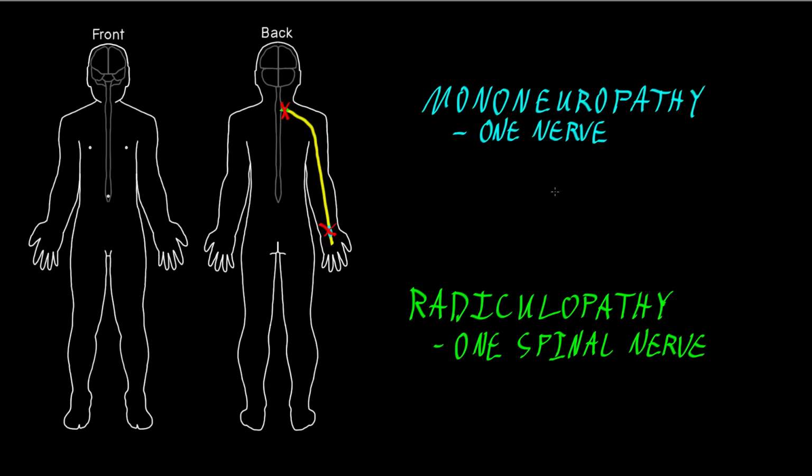With both mononeuropathy and radiculopathy, we can see similar types of abnormalities related to the types of axons that are traveling in the nerves. So we may see somatosensory abnormalities. We may see lower motor neuron abnormalities.